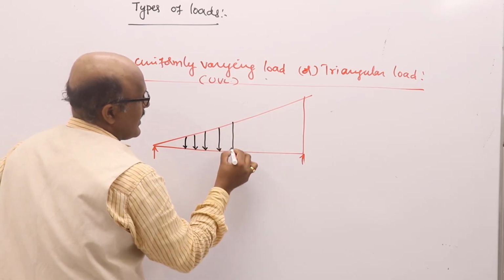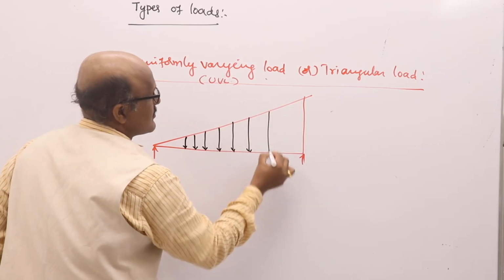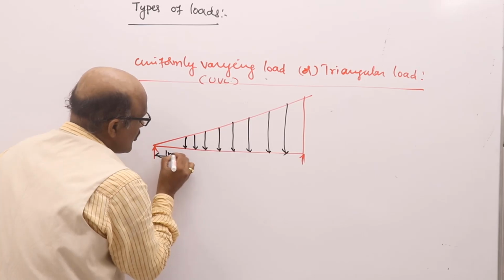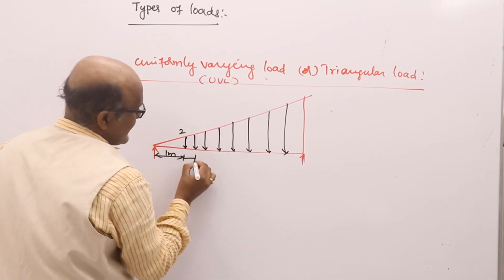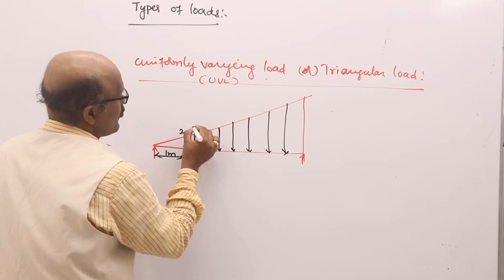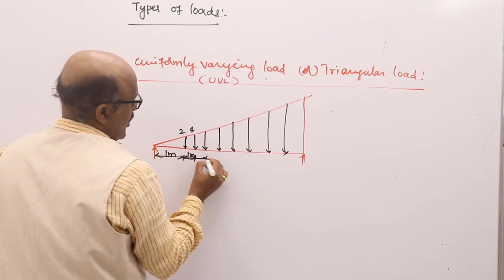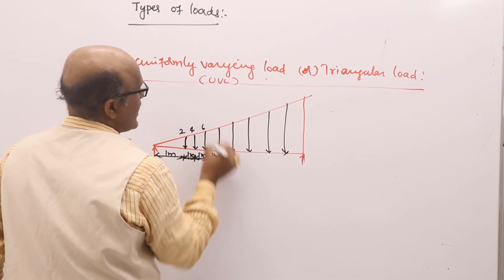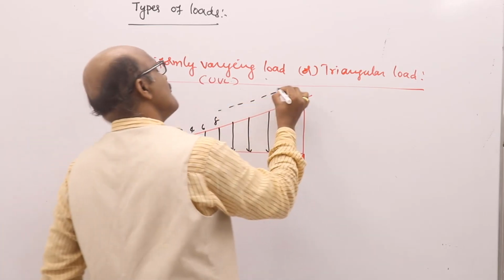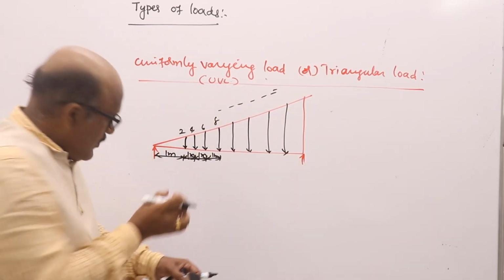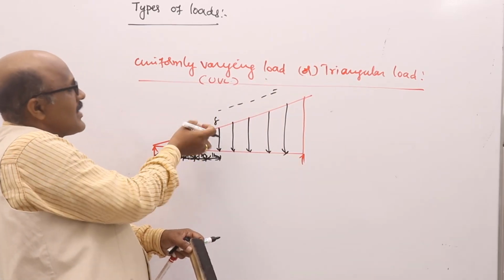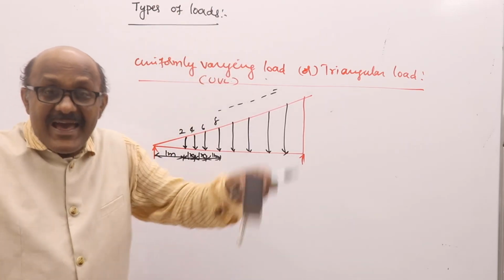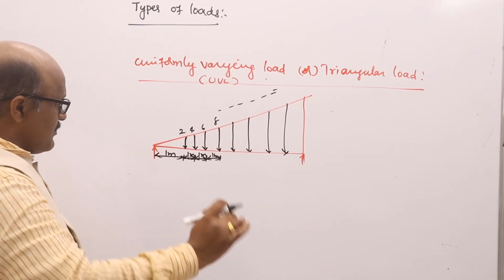So see, for 1 meter distance, suppose 2 newtons, next meter 4 newtons, next meter 6, next meter 8, like this. The load varies uniformly, either over the entire length or part of the length of the beam.